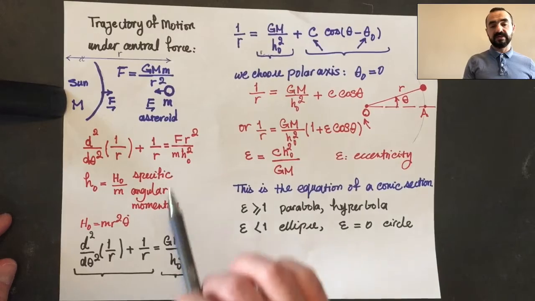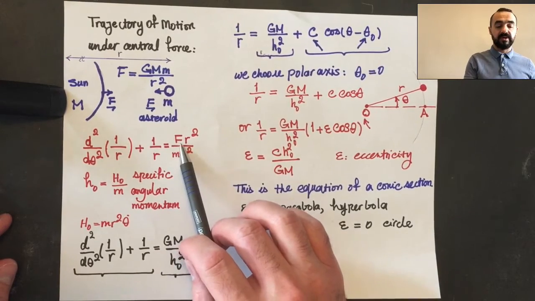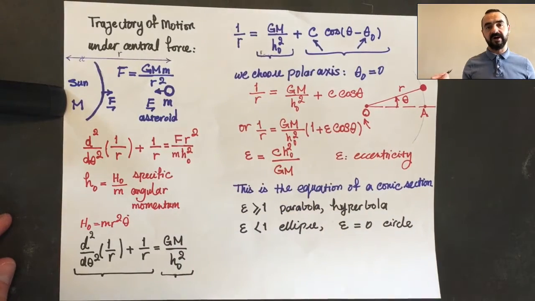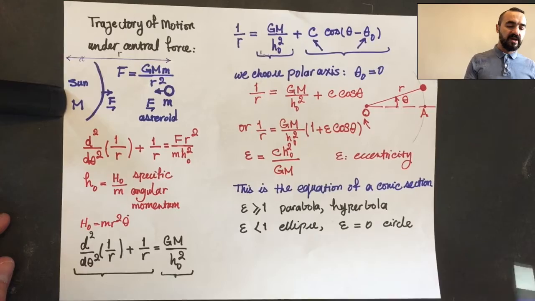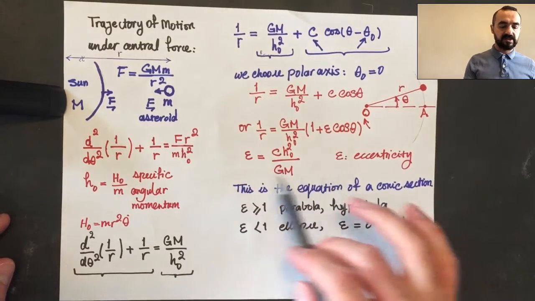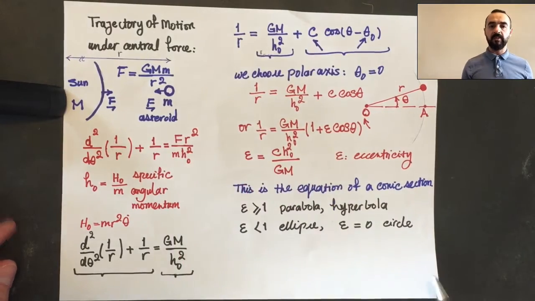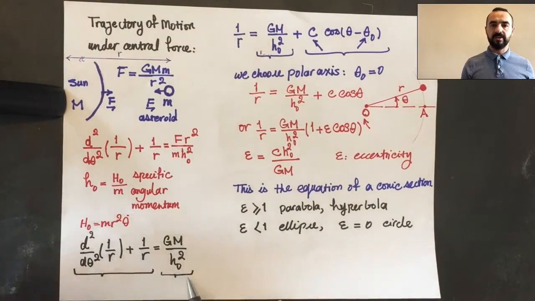Once we replace this F with this description of F for this specific kind of central force, this r squared cancels with this r squared. So we end up having this equation of motion.